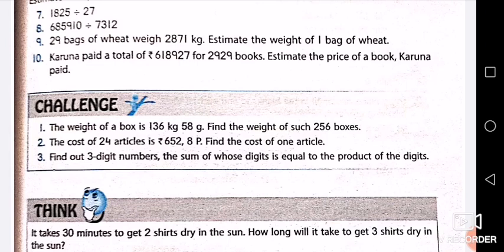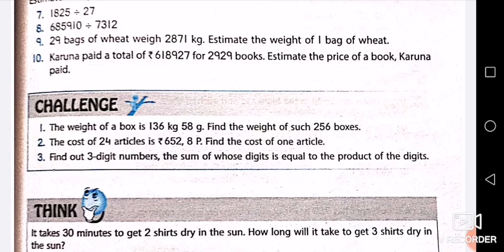The number on the 100 place is 8 and on the 1000 place is 2. Now 8 is greater than 5, so 1 will be added to that. So 2 plus 1 becomes 3. Then you have to find the estimated weight of one bag of wheat. I hope this estimation is clear to you all.